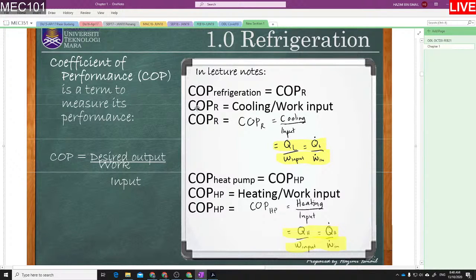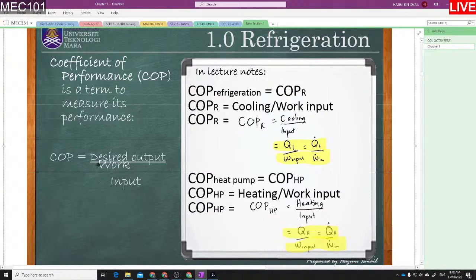Sometimes they call it EER, energy efficiency rating, but for this syllabus we use COP for refrigeration. The equation of COP is just plain simple. It equals output over work.